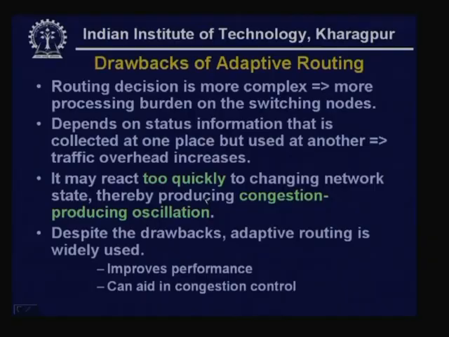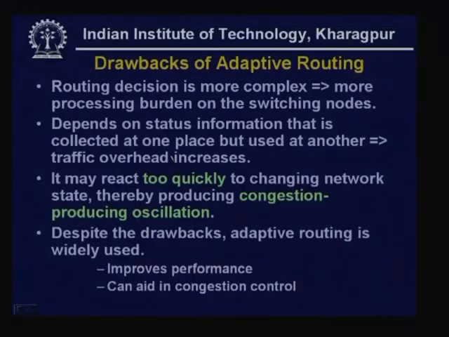So far we have discussed three adaptive algorithms. First one was isolated adaptive routing, which uses local information, and on the other hand the distance vector routing uses information from the neighbors, and the link state routing gathers information from all the nodes.